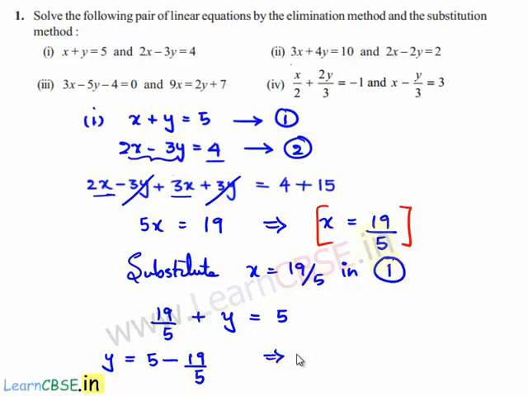That implies y is equal to, so the LCM is 5, and 5 multiplied by 5 is 25 minus 19, which is nothing but 6 by 5. So we have obtained the value of y to be 6 by 5. Therefore the pair of solutions for the given linear equations are x is equal to 19 by 5 and y is equal to 6 by 5.